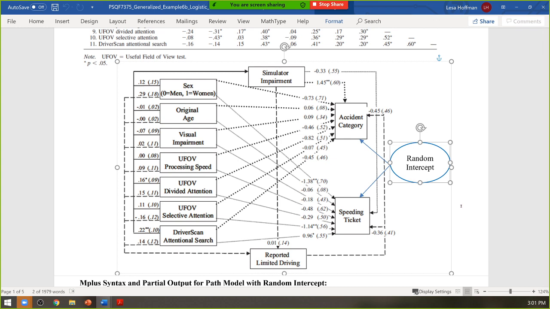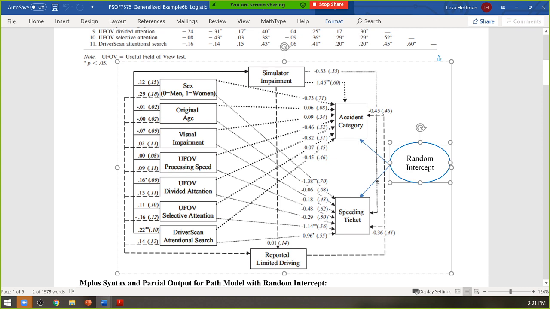So random intercepts, we talked a little bit about this. Random effects in general are the exact same thing as latent variables. It's an unobserved source of covariance. And so what this is doing is allowing a relationship between accidents and speeding tickets that goes through this intercept.